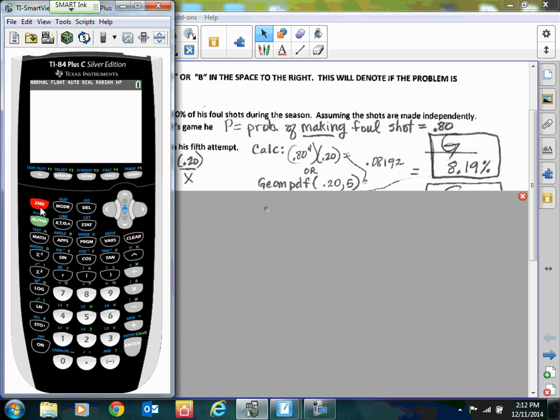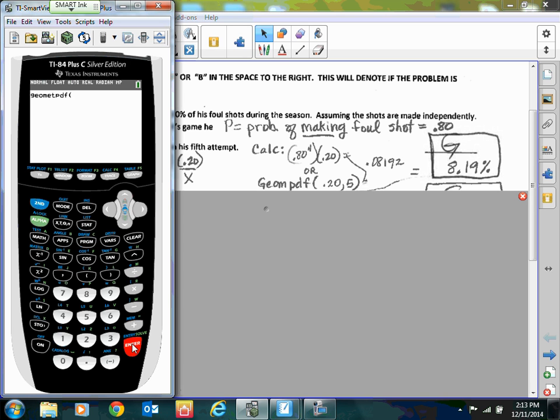Under second VARS, just like how we found our binomial PDF yesterday, there's geometric PDF. If you go to the bottom of the list, there's geometric PDF and geometric CDF, and I want PDF because it's a particular person right there in the 5th spot. So in particular in the 5th spot. So I hit that.